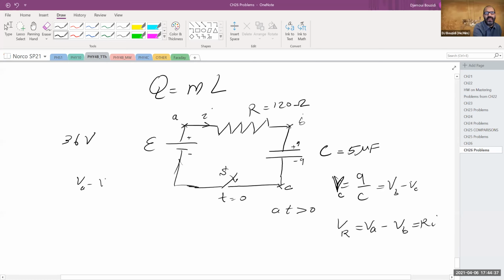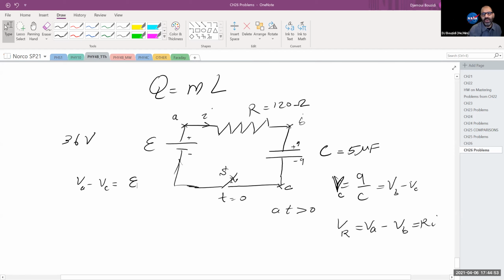So VA minus VC is actually the EMF itself. Don't get confused with the fact that if I am calculating VC minus VA, that is actually minus epsilon, because I will be rising in potential.